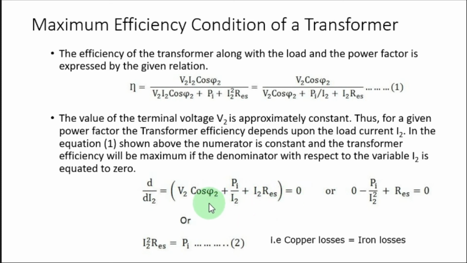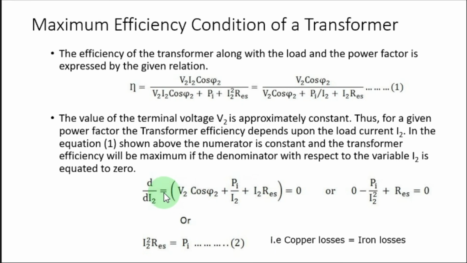So you can get V2 cos phi 2, that is this part, right? Pi over I2 plus I2 RES, this should be 0.